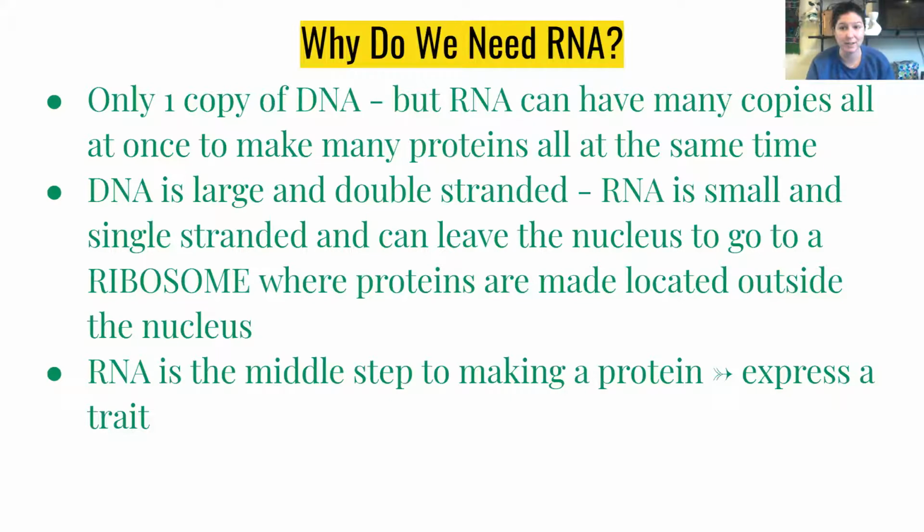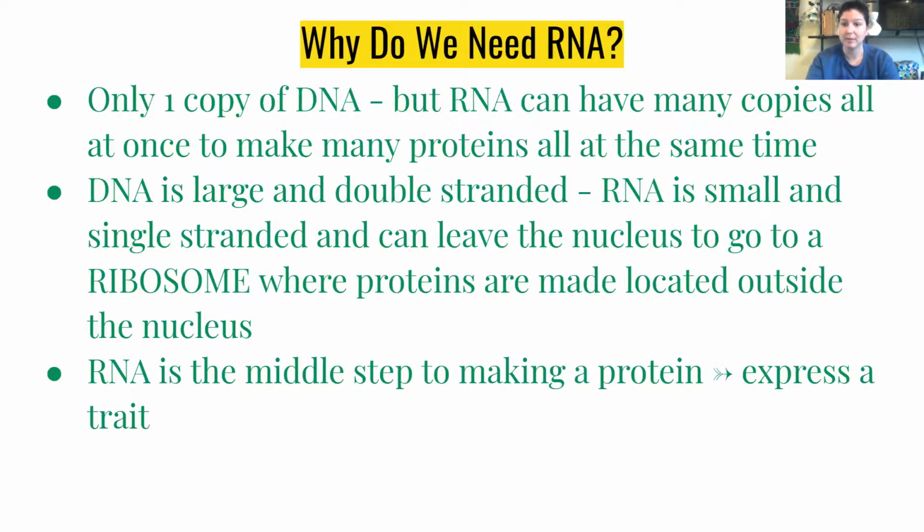They are not located on the inside. So in order to make that protein, you need to take the instructions out of the nucleus. So 1, we can make lots of copies of RNA. 2, RNA is small and single-stranded. And so that is why RNA is that middle step into making a protein in order to express that trait.